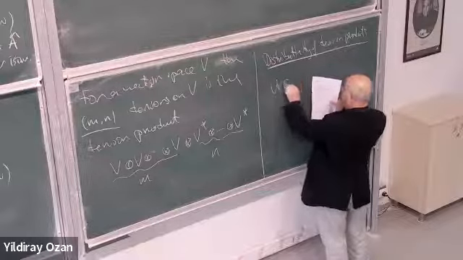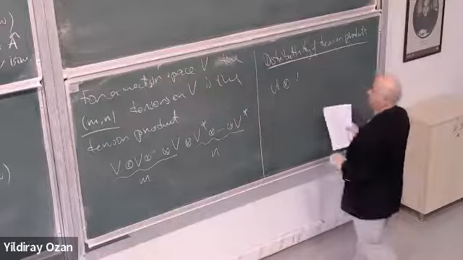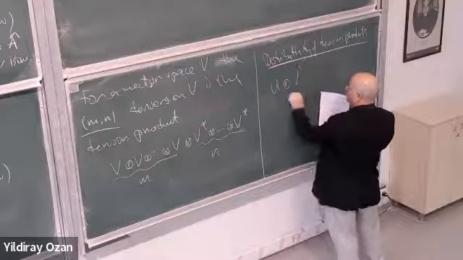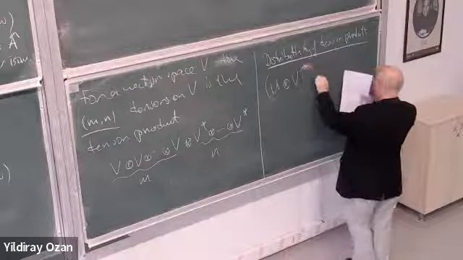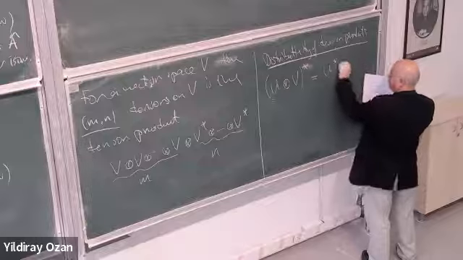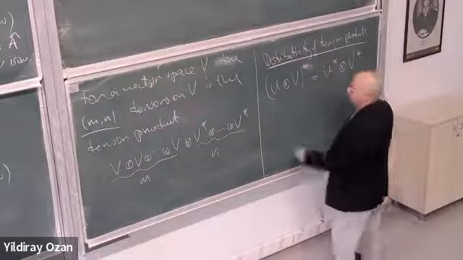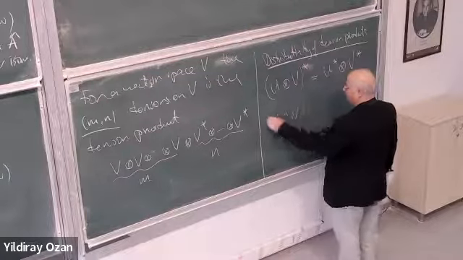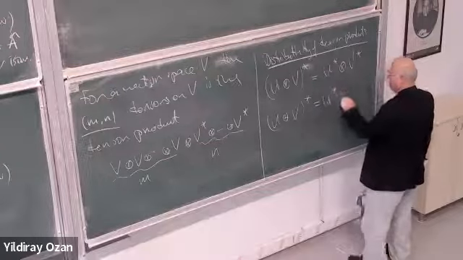If you have two vector spaces like this, the dual of their tensor product is just U star tensor V star. We have also for direct sums of this.